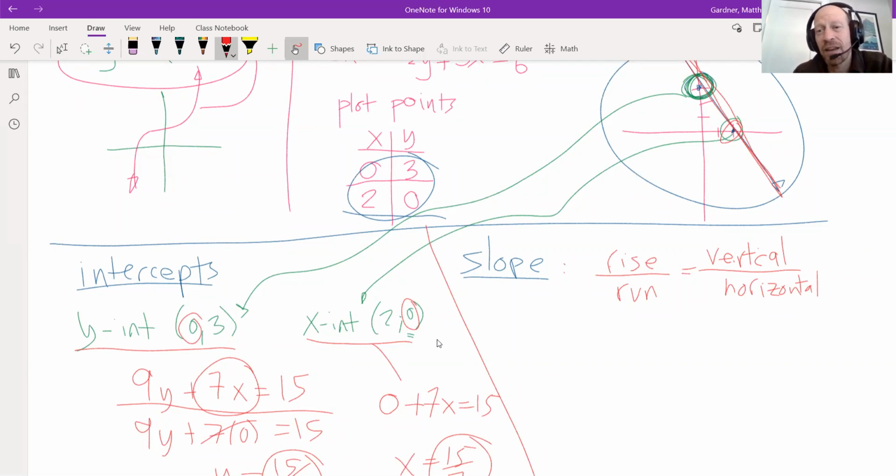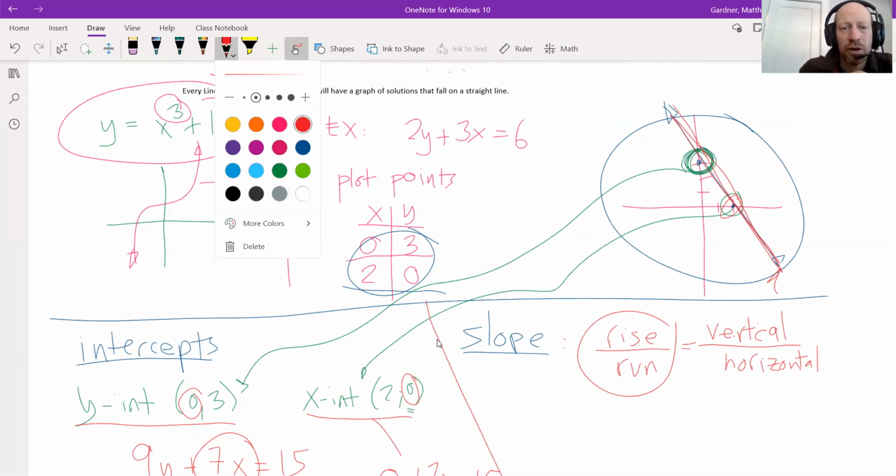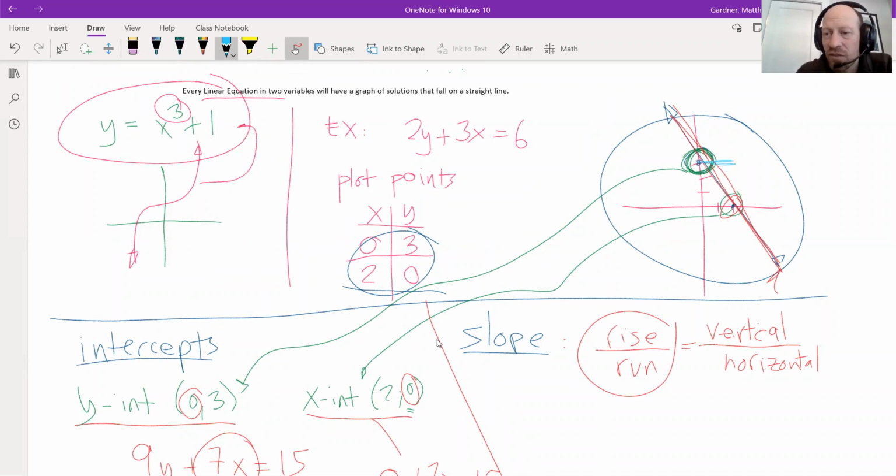And for any line, that ratio is going to be a constant. So for this line that I have up above, no matter where I look, the ratio of vertical to horizontal change is going to be the same for every 2 points I pick on the line.